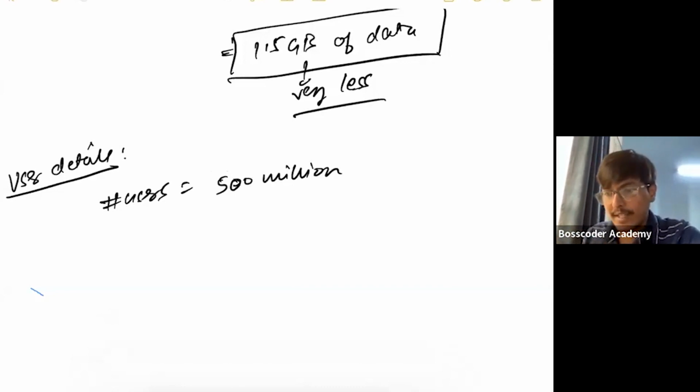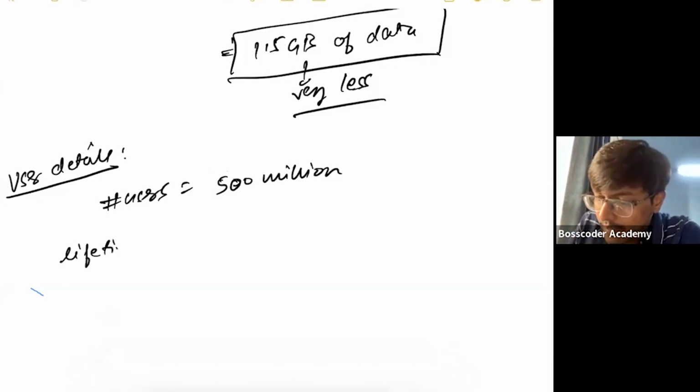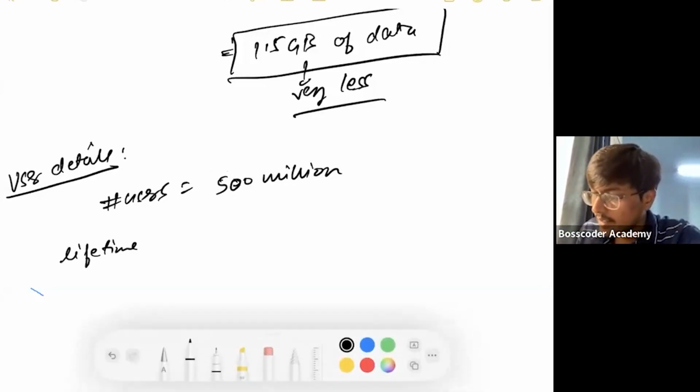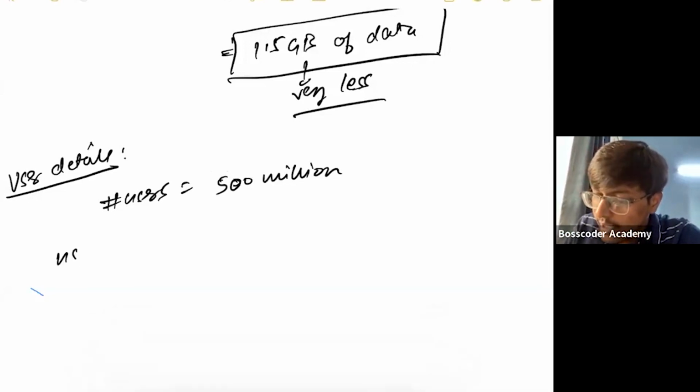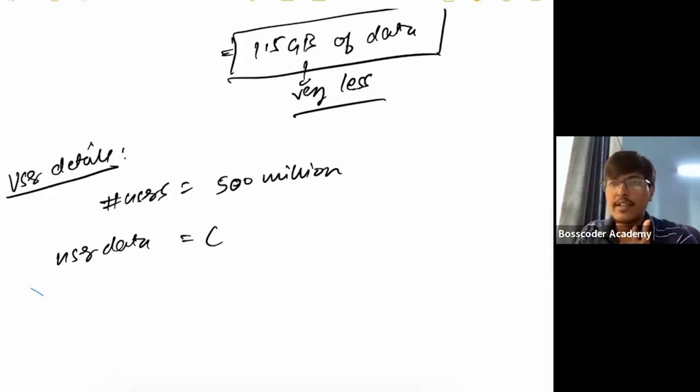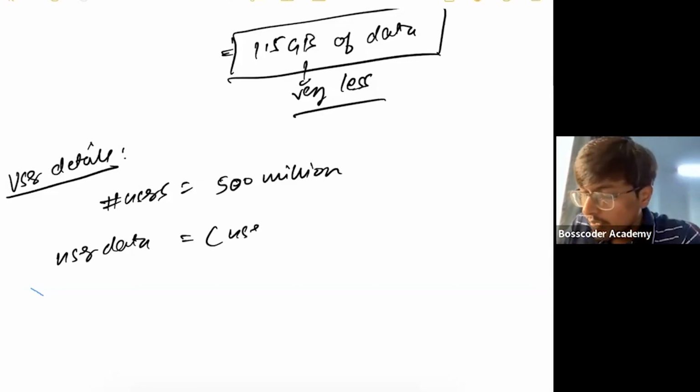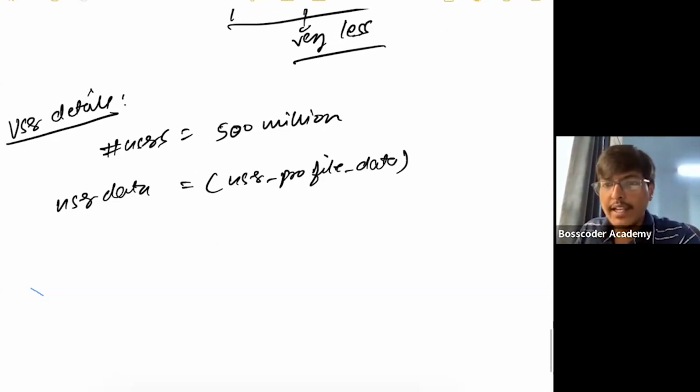If there are 500 million users, what I'm trying to calculate is what will be the user data. User data will consist of two things. One is the user profile data. What is user profile data?